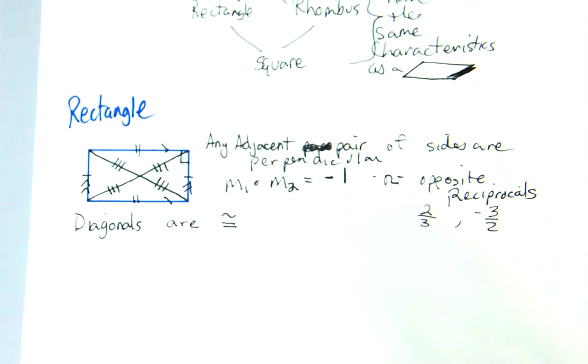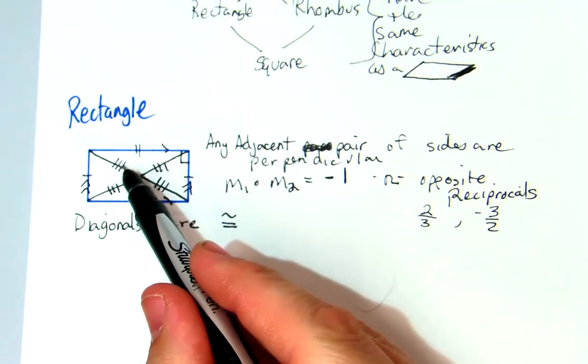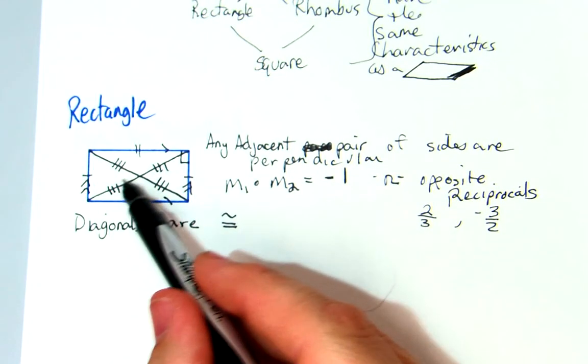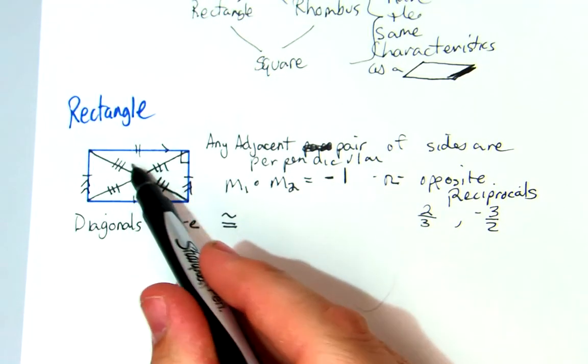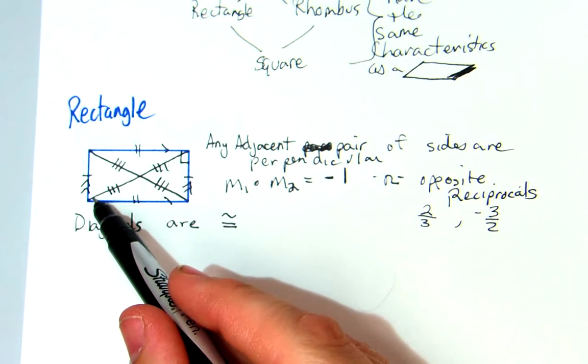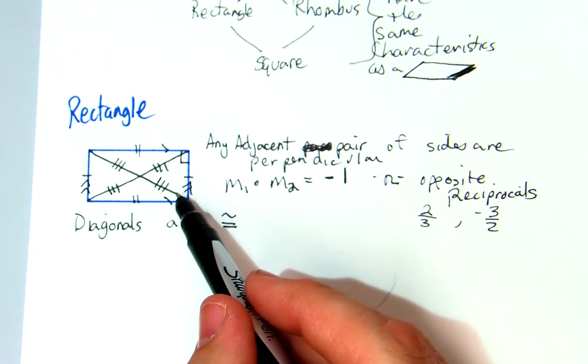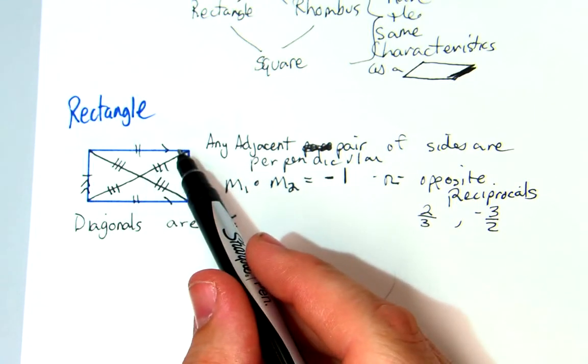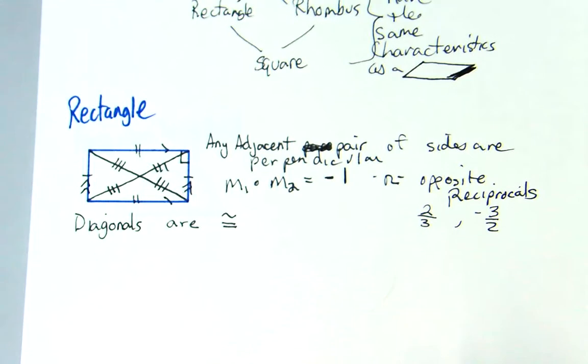These four segments are all the same. So if that's a 10, what's the length of this one? If this one's 10, this one is 10, and this one is 10, and this one is 10. All right, so that's good to go for those first two, correct? All right.